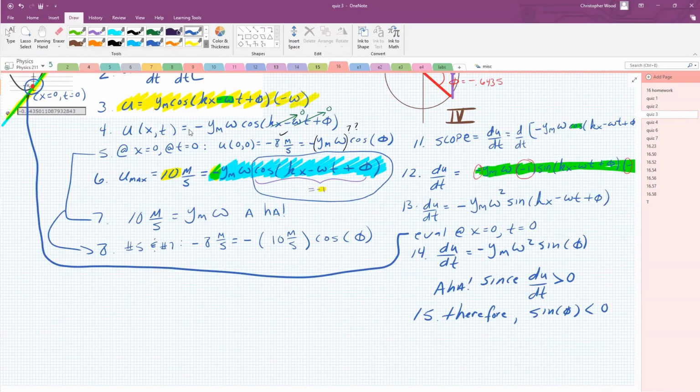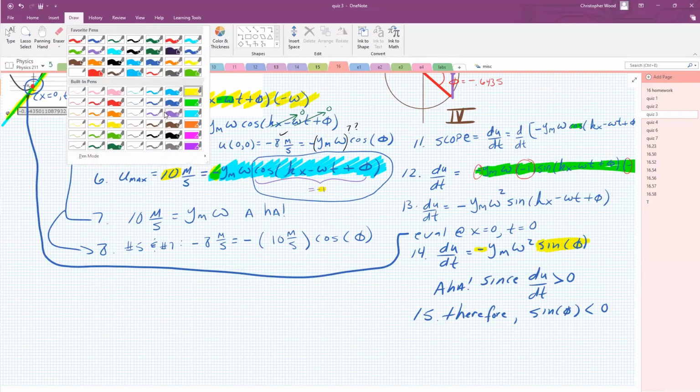This chunk has to be negative, because this negative times this negative will produce a positive. It is greater than 0.